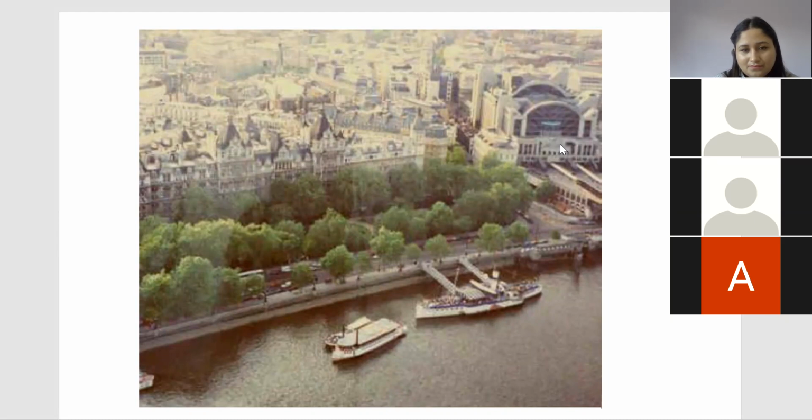It also consists of greenery along the road, and the road is at the bank of the river. This river consists of two boats. These boats have too many people on them, and there are many people also walking on the sides of the road. Overall, I can say that this information is very informative.